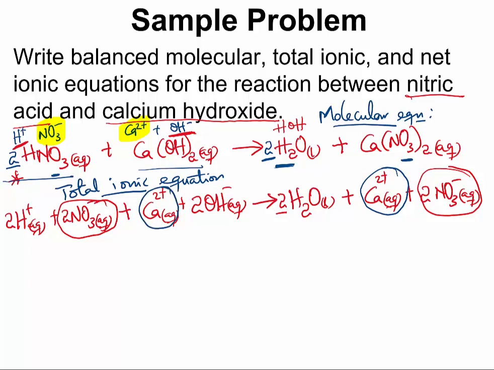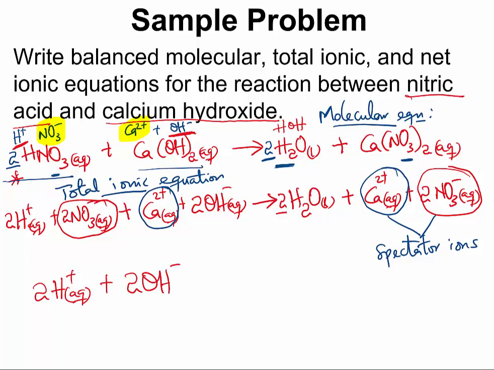That means calcium ions are spectator ions. If we take these 2 spectator ions out, we will be left with 2 hydrogen ions plus 2 hydroxide ions, which will give us 2 H2O.